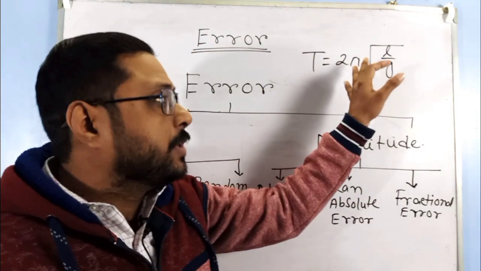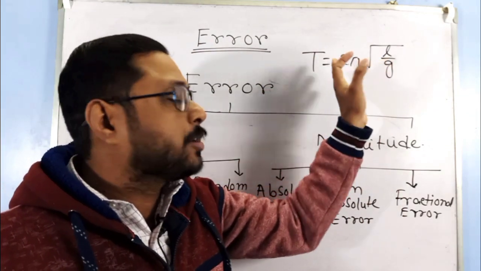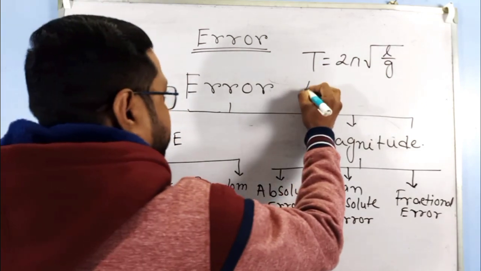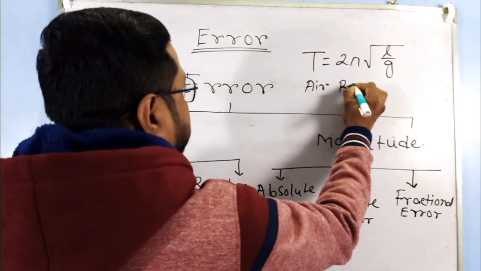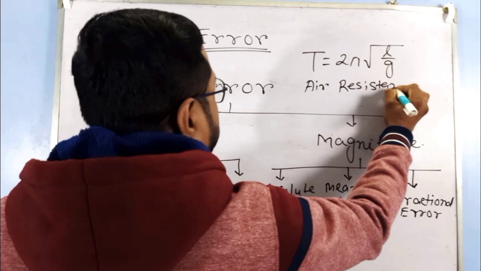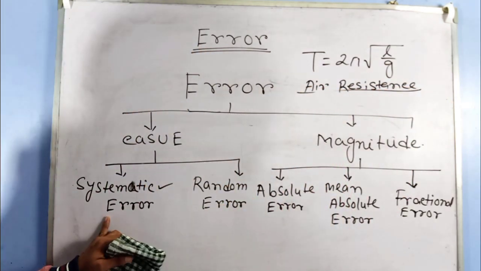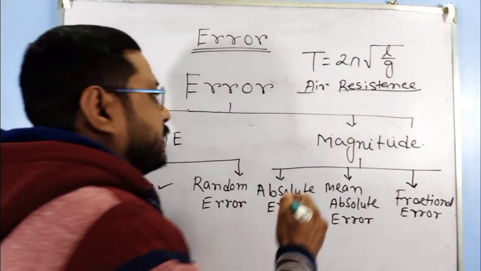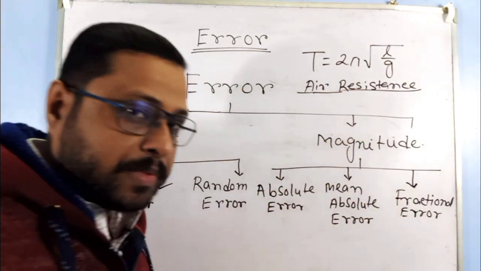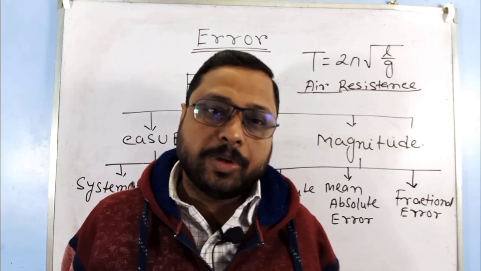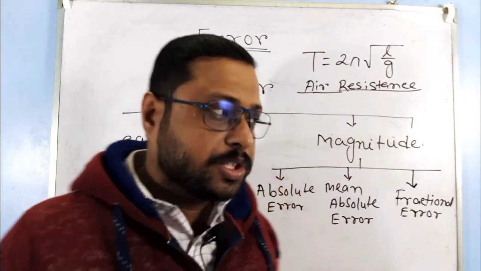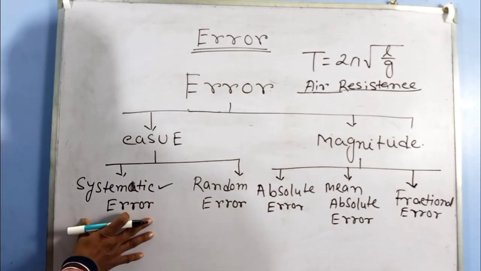If we neglect the effect of air resistance, then the error due to air goes under systematic error. Another cause is the atmosphere, that is the temperature, pressure, humidity, and so on. So systematic error can be removed.